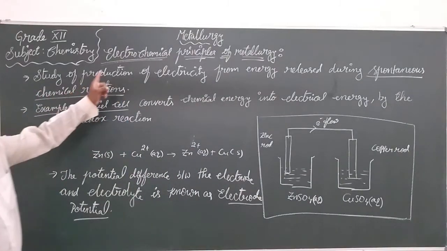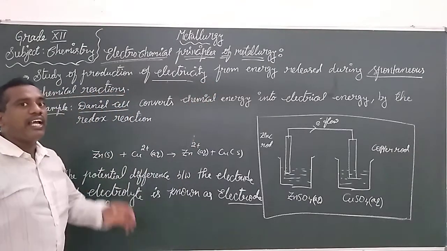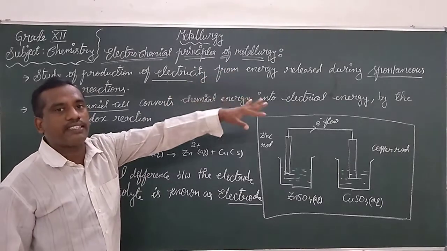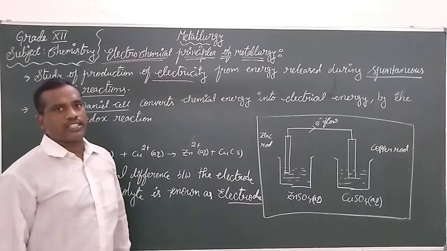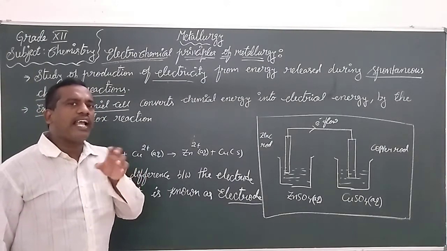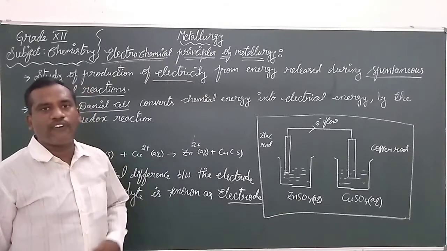The study of production of electricity. What is getting produced here? Electricity is getting produced from energy released during spontaneous chemical reactions. We came to know when a chemical reaction will be spontaneous according to the metallurgy conditions we followed.